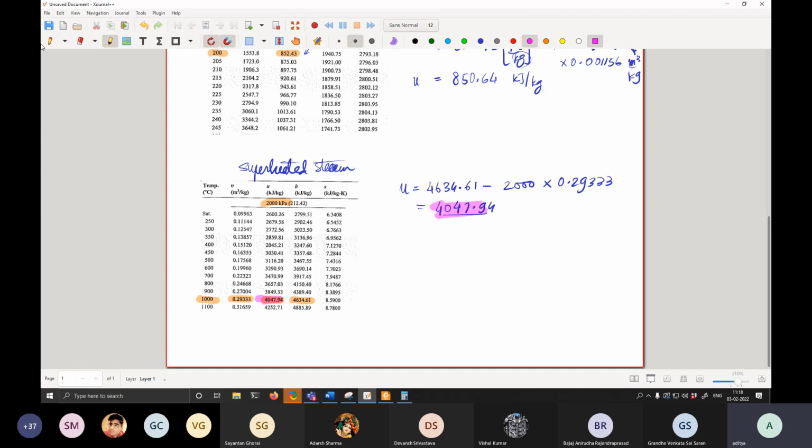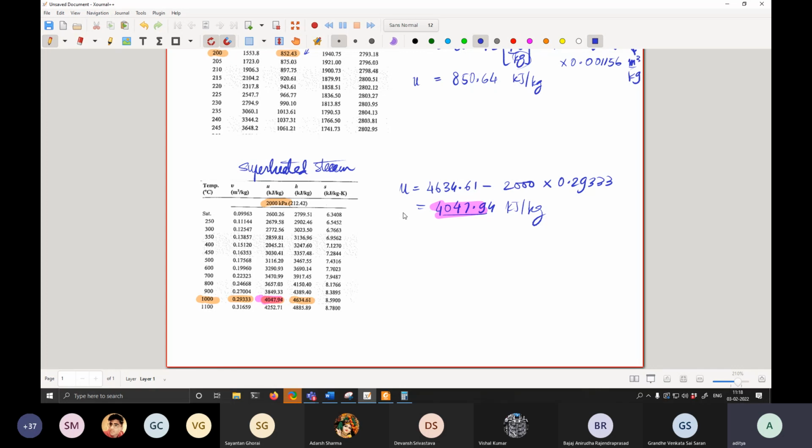What are the units? Kilojoule per kg. So everyone's getting this? Yes, sir. And this holds true for any kind of fluid, not just this. It's defined as this, so it has to hold true.